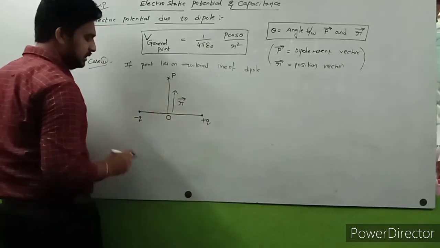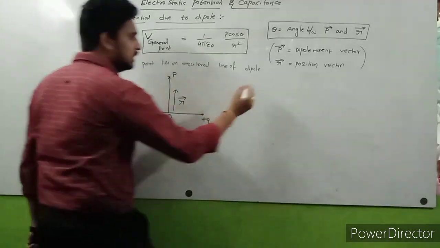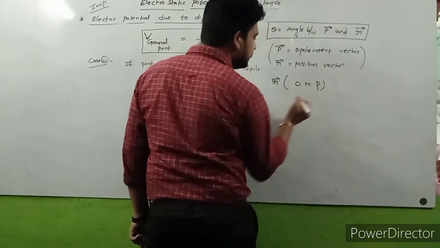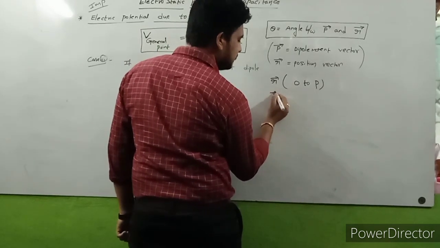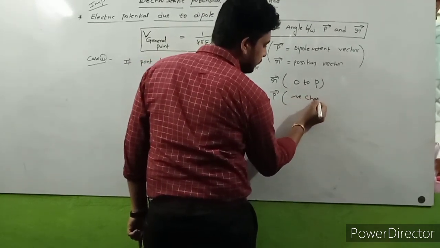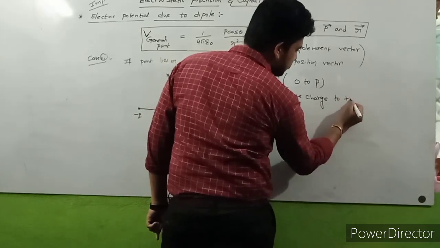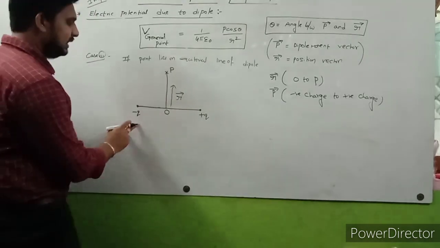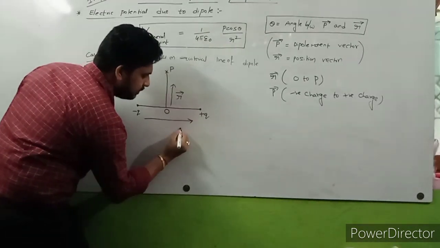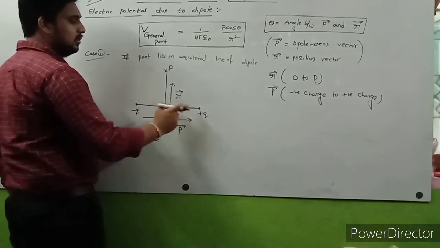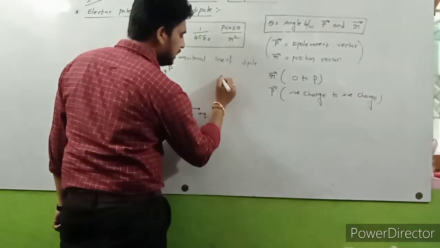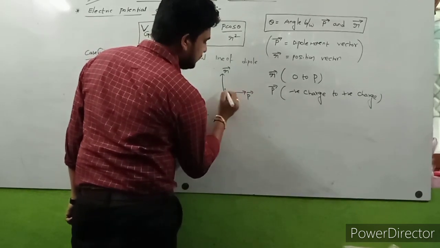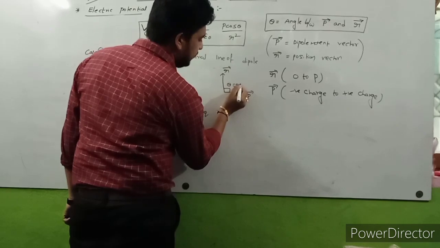The dipole moment direction is here, and the R bar direction is O to P. The P bar direction is from negative charge to positive charge, that means minus Q to plus Q. This is the direction of P bar, and R bar is acting in this direction. Then what is the angle between them? Theta is equal to 90 degrees.